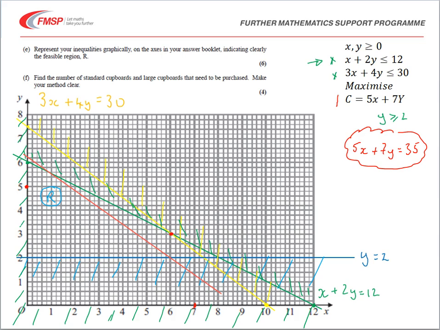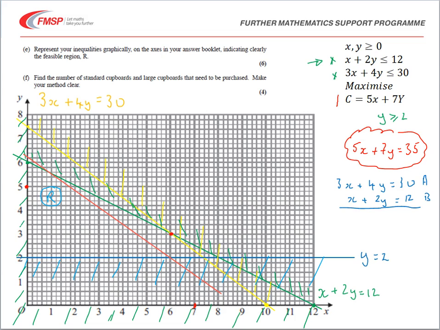So the point where the green and the yellow lines intersect, that's where 3x plus 4y is equal to 30, and x plus 2y is equal to 12. Well, we can solve these simultaneously, a and b.